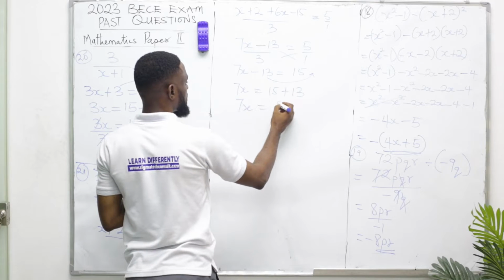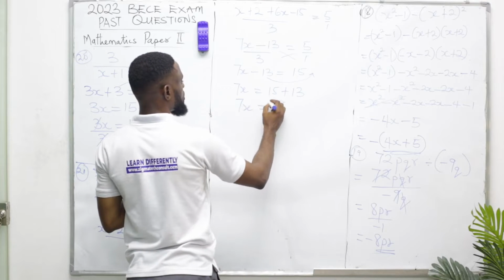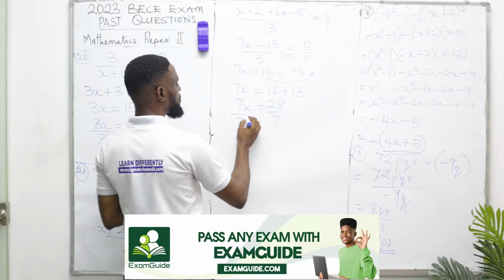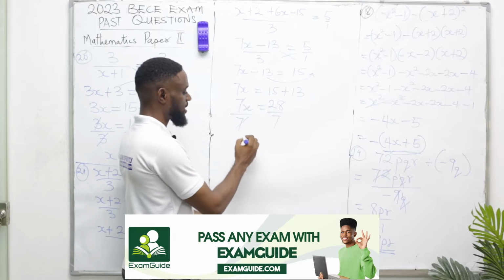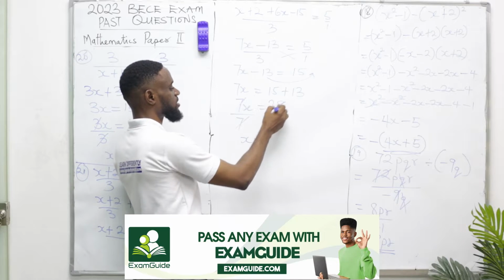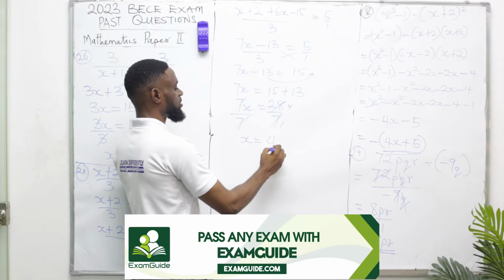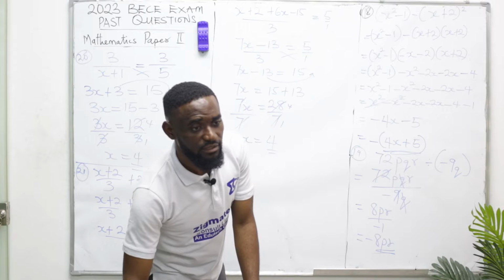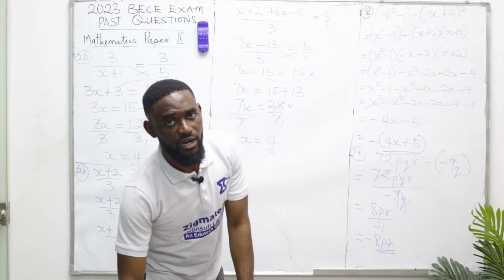Divide both sides by 7. So x is now equal to 4, since 7 divided by 7 is 1 and 28 divided by 7 is 4. X is equal to 4. So option A is the correct option.